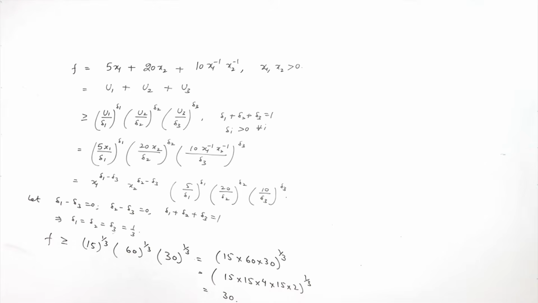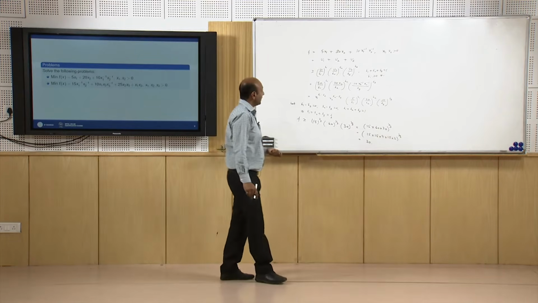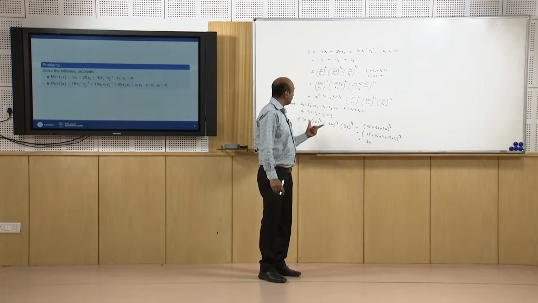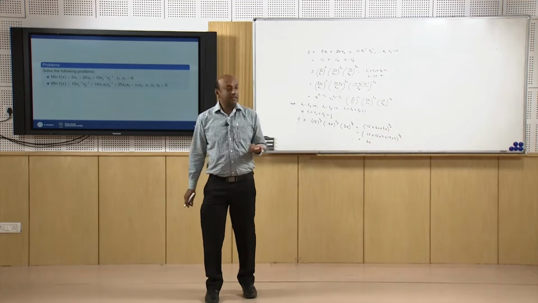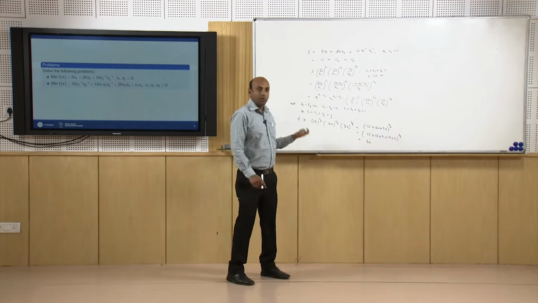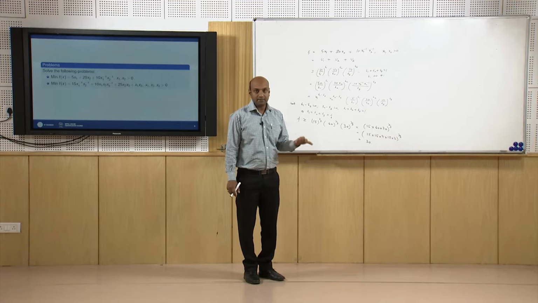Now, for which x1 and x2 is this 30? For finding the values of the variables, we apply that the equality holds when u1 upon delta 1 equals u2 upon delta 2 equals u3 upon delta 3.